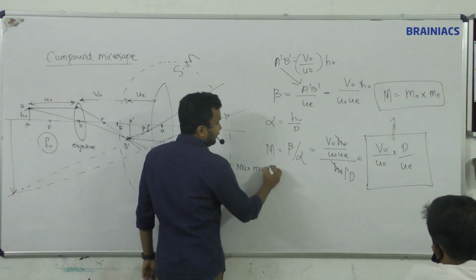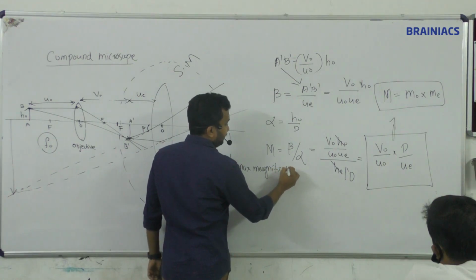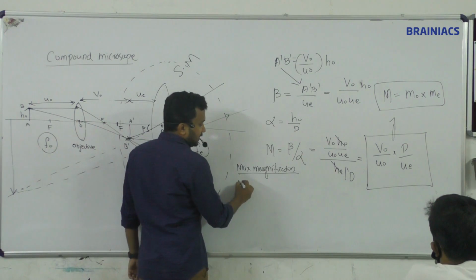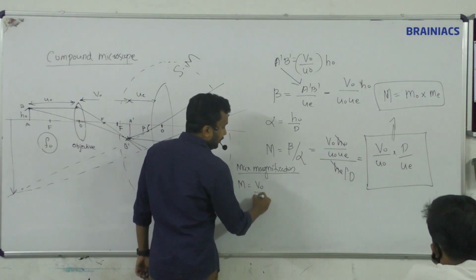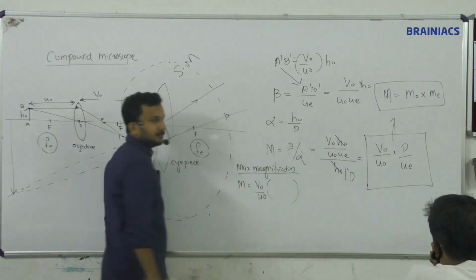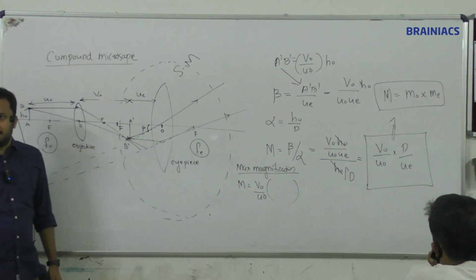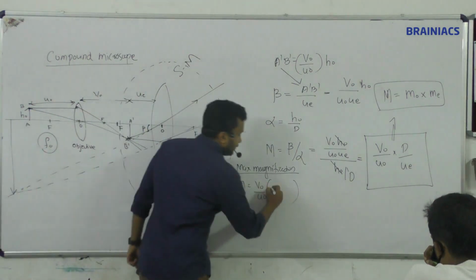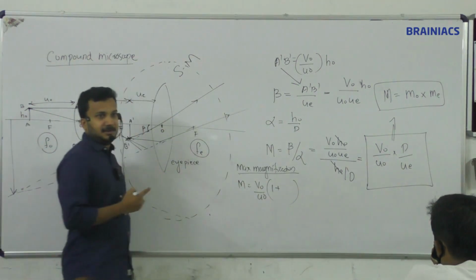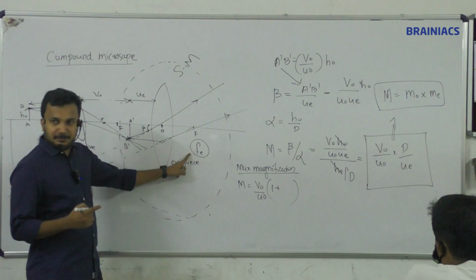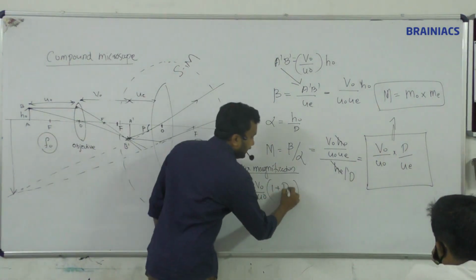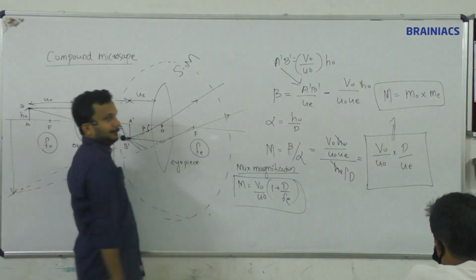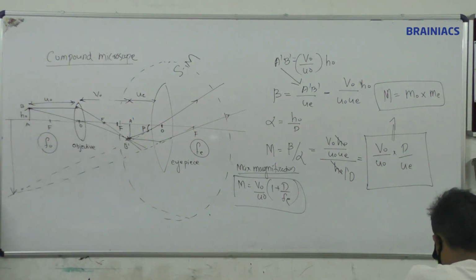Maximum magnification means strained eye or relaxed eye? Strained eye. For strained eye, maximum magnification equal to V naught by U naught into simple microscope maximum. What is the simple microscope maximum? D by F we have written. Here instead of F, what will come? FE. So 1 plus D by FE.